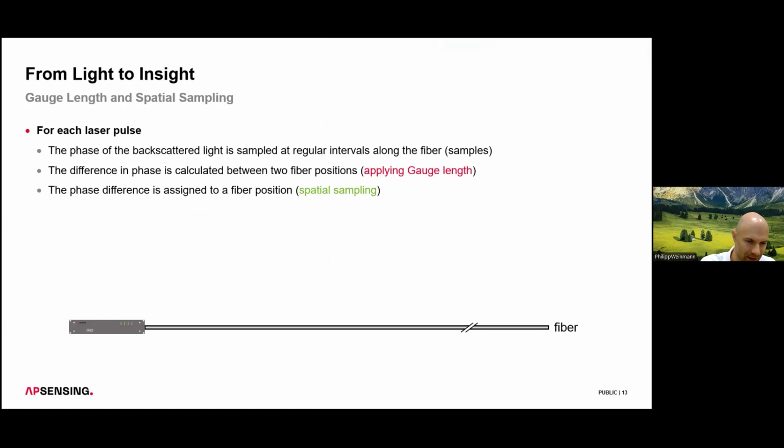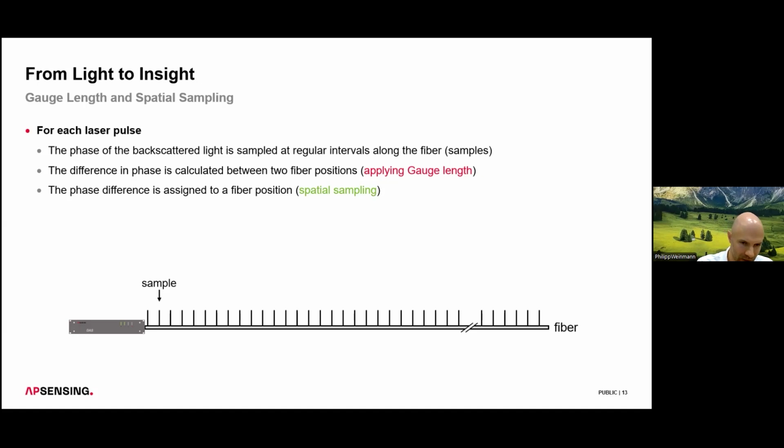And what the DAS system will do is it will sample the backscatter signal so that we know the phase of the backscatter signal for many positions along the fiber. So what we end up with is that the DAS system knows the phase of the backscatter signal at multiple sample positions of the fiber.